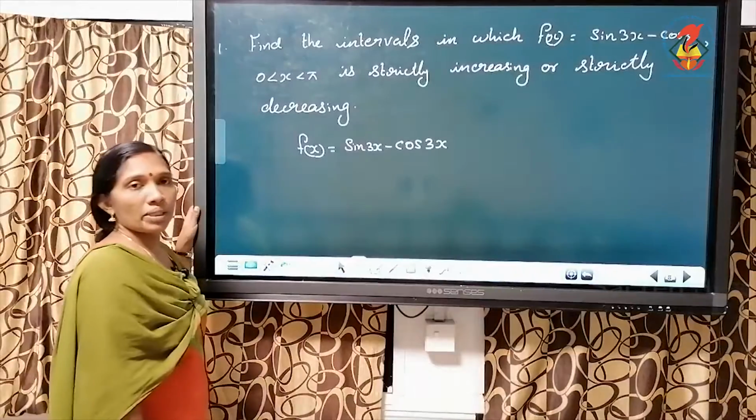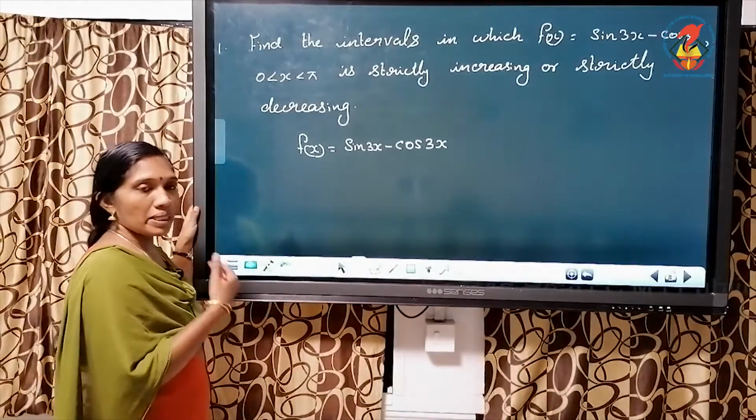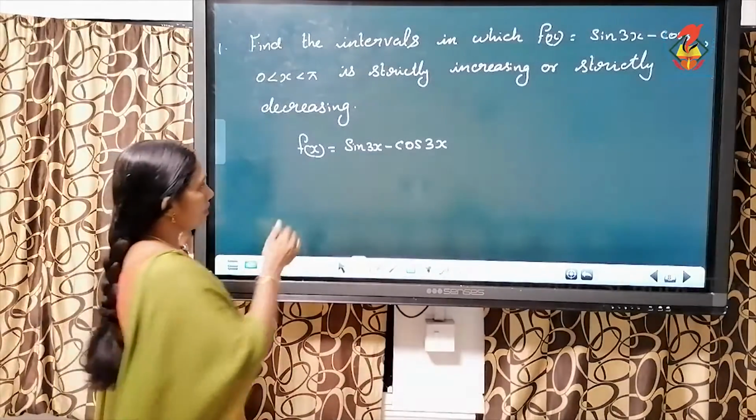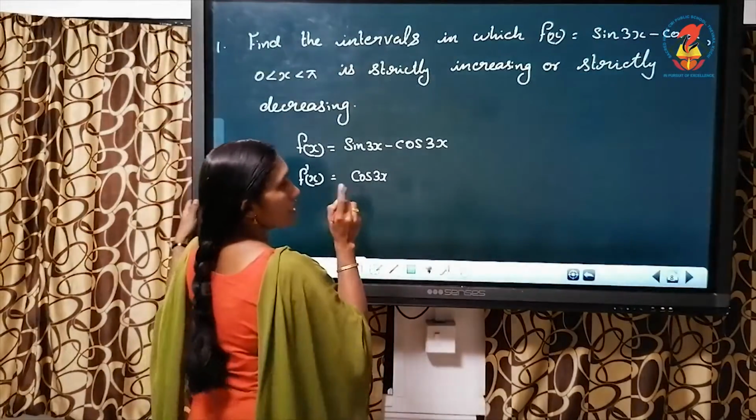Here it is a trigonometric function. Then as usual, the first step is we have to find the derivative, then put it equal to 0. From that we get the intervals. So find f dash x. f dash x is equal to sin 3x derivative is cos 3x. Then derivative of 3x according to chain rule is 3.